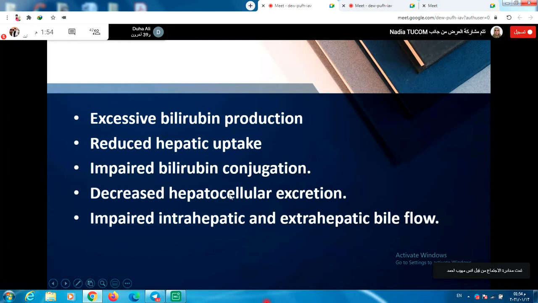Decreased hepatocellular excretion, also here the defect is in biliary passages. And impaired intra and extrahepatic bile flow, mainly due to gallstone, intrahepatic or extrahepatic common bile duct obstruction, or by a tumor in elderly people, or stone.